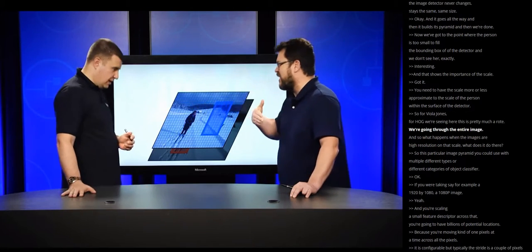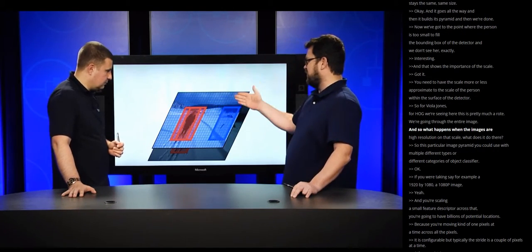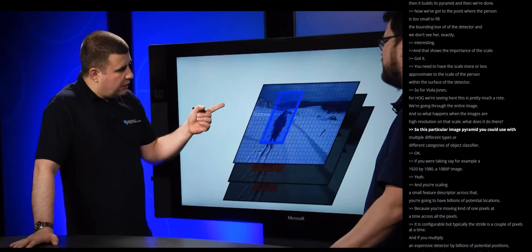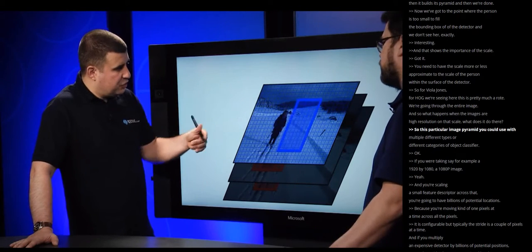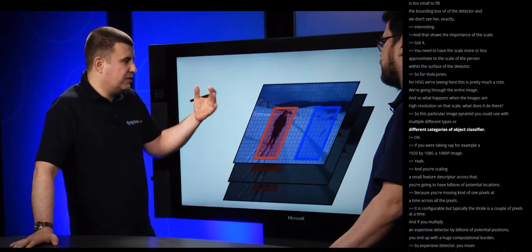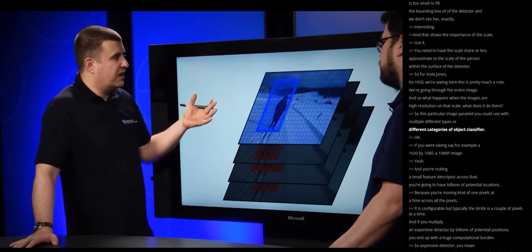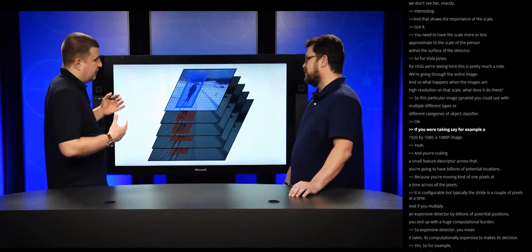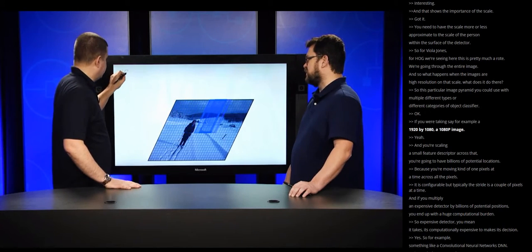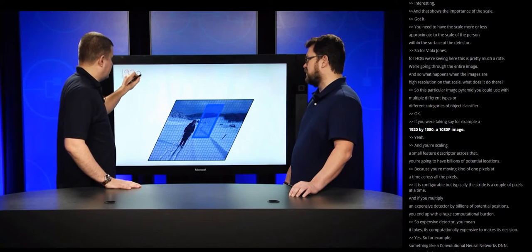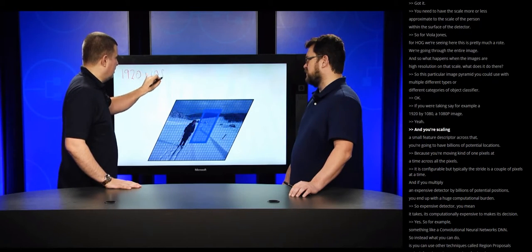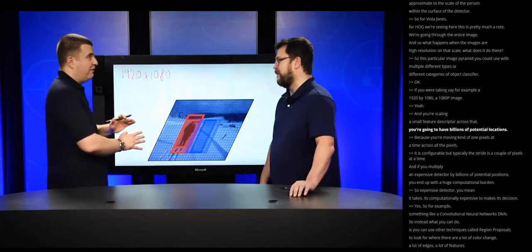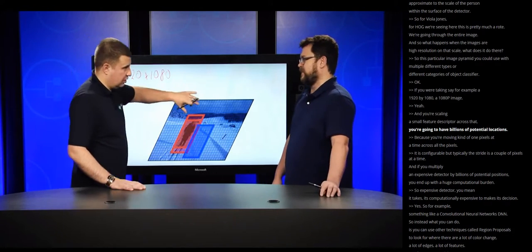So for Viola-Jones and for HOG, this is pretty much rote. We're going through the entire image. So what happens when the images are high resolution? What do we do there? This particular image pyramid you could use with multiple different categories of object classifier. If you are taking, say, for example, a 1920 by 1080, a 1080p image, and you're scanning a small feature descriptor across that, you're going to have billions of potential locations.